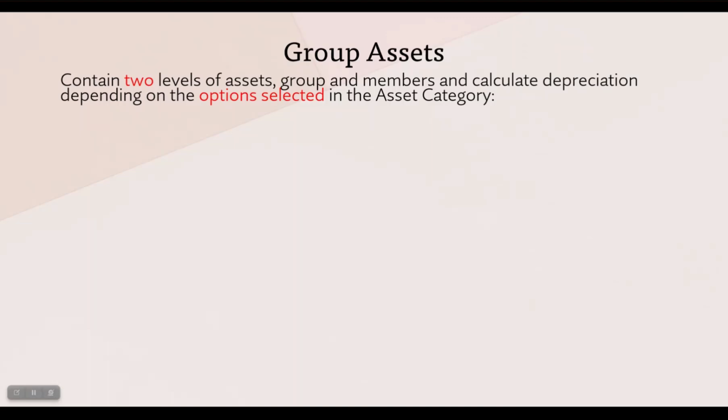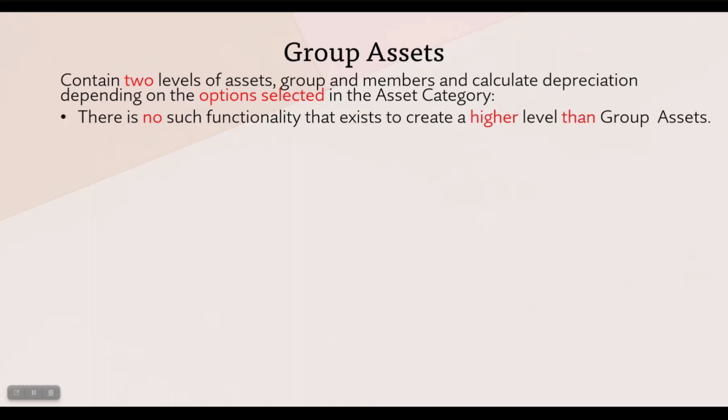Calculate depreciation depends on the options selected in the asset category. There is no functionality to create a level higher than group of assets. So this is the top level, group assets. We will talk about these options later when we create the group of assets during our practice.